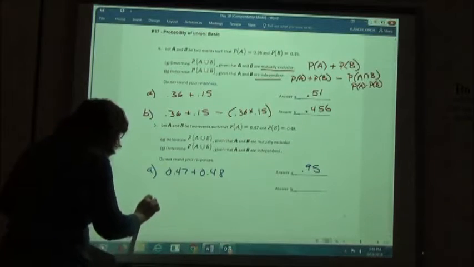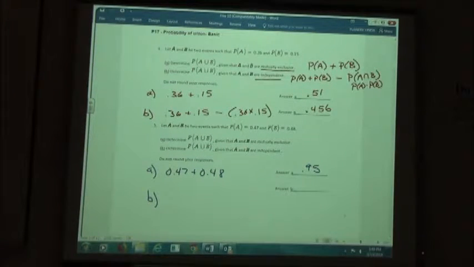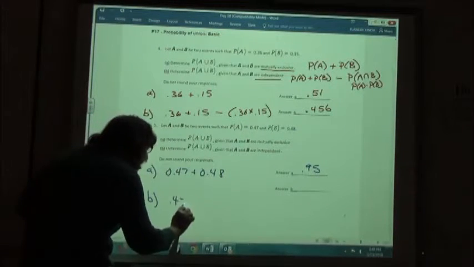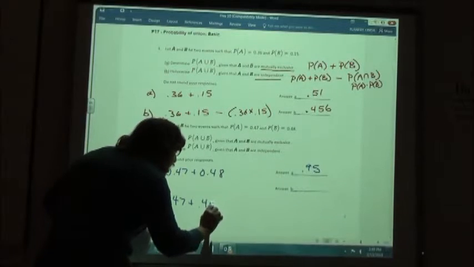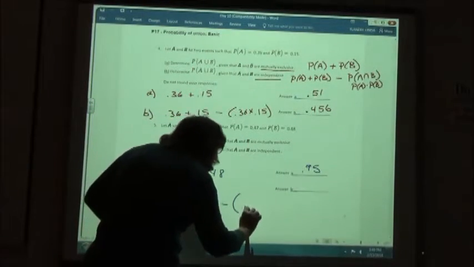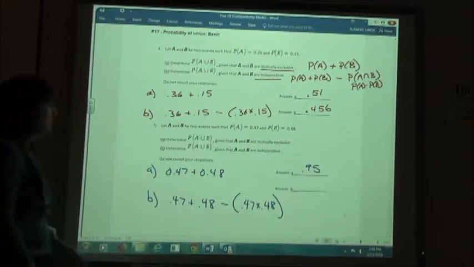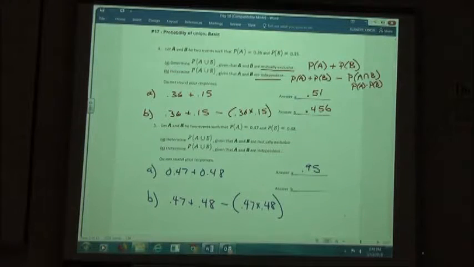The next ones, they call them independent events, but really that means that you can have 2 cases that do have something in common. So we're going to take the probability of A plus the probability of B, and then we're going to subtract the probability of both of them happening, which you take A times B. So it's going to look something sort of like that.